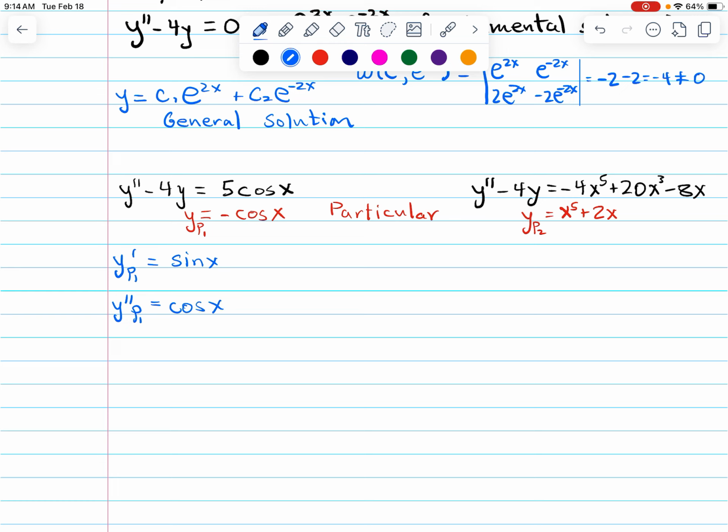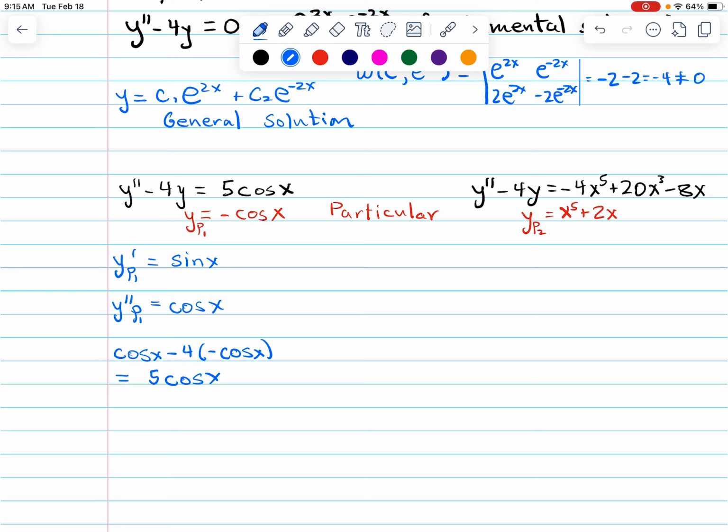So if I put that back in this equation, I've got cosine x minus 4 times negative cosine x. And that does indeed equal 5 cosine x. So yes, that's a solution.